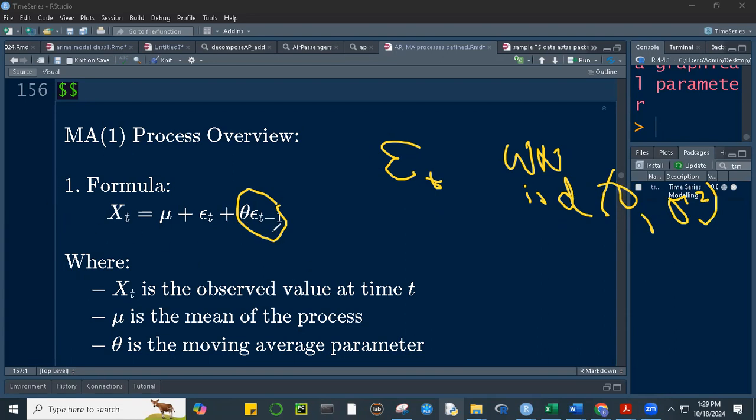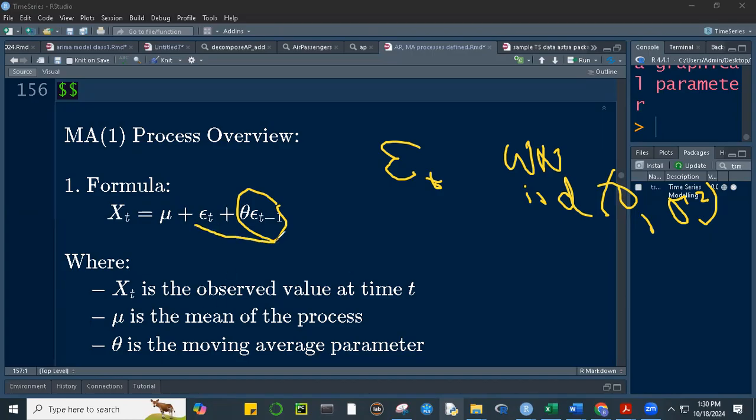The white noise here, the epsilon sub t, is not the error that you generate from your AR process. Because you might be thinking, how is the error generated here? It's not the error from your AR process, because in your AR process, you have your actual value minus your model value. So you'll have a residual, the difference between your actual and your model value. The value there, class, is not the same as the error here.